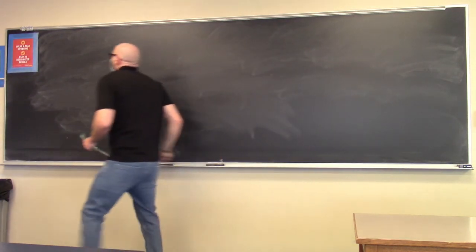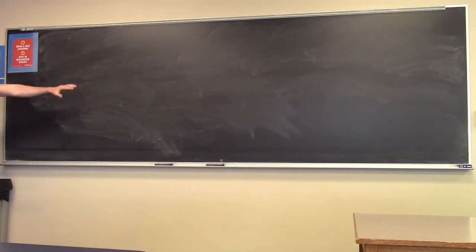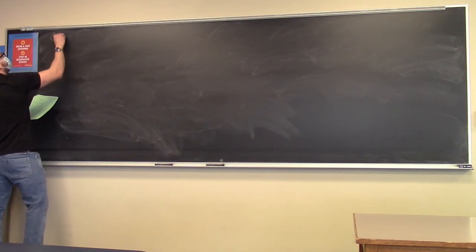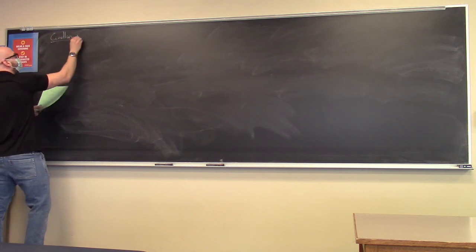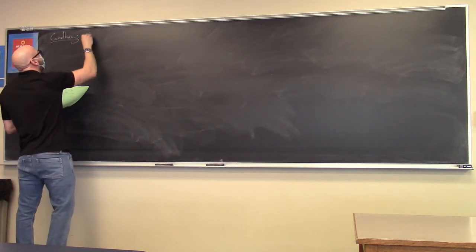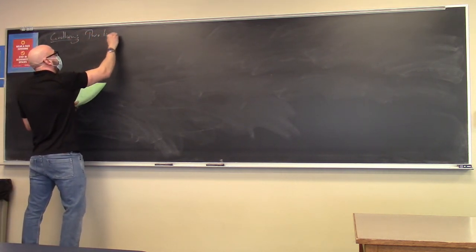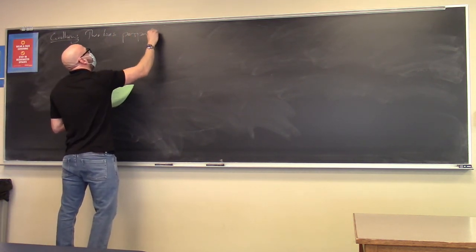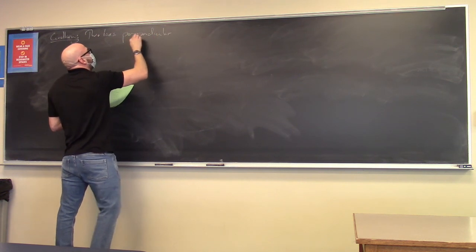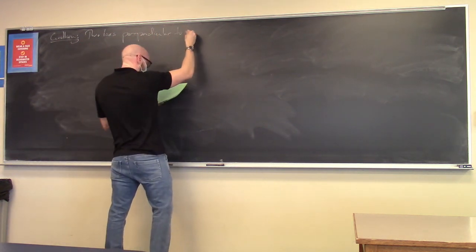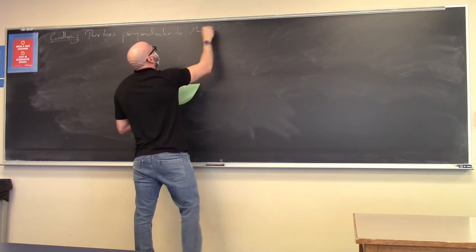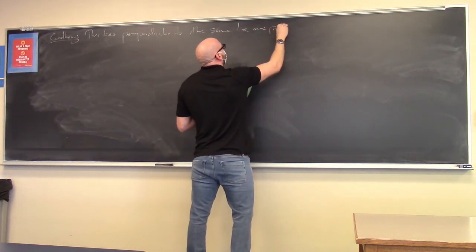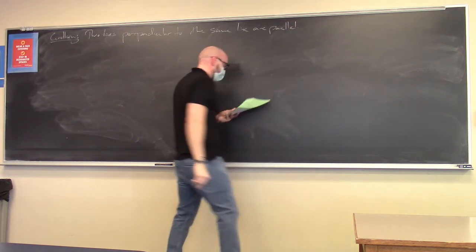But you can restate facts about congruence of alternate interior angles in a few different ways. So corollary: two lines perpendicular to the same line are parallel.